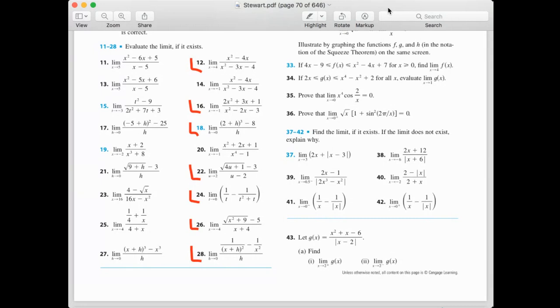At that point, I substituted 0, and I got that the limit as h approaches 0 is equal to 12. Okay, all right. Thank you.